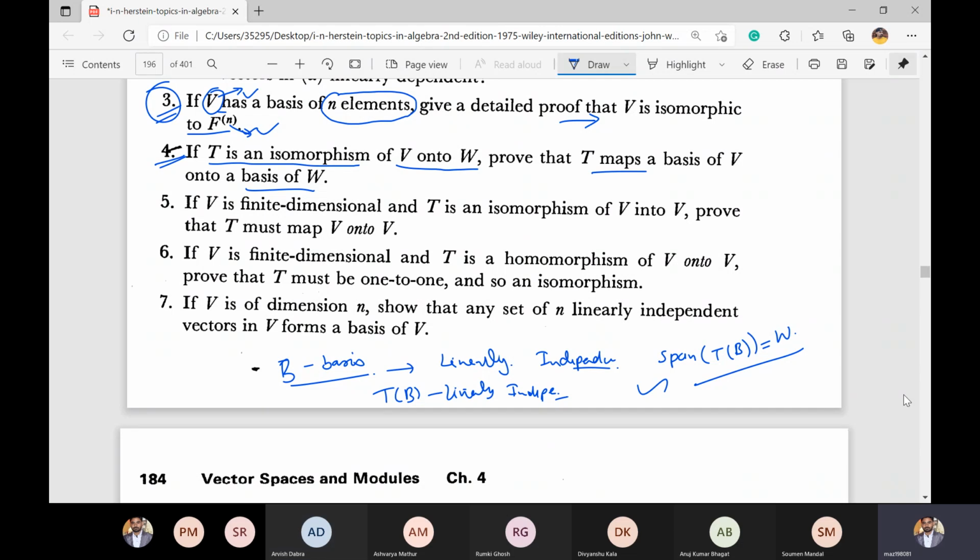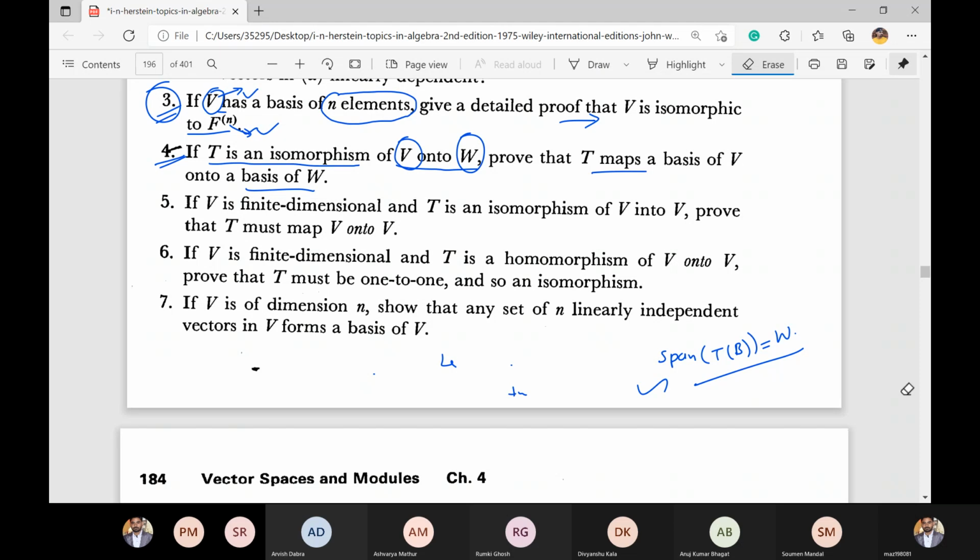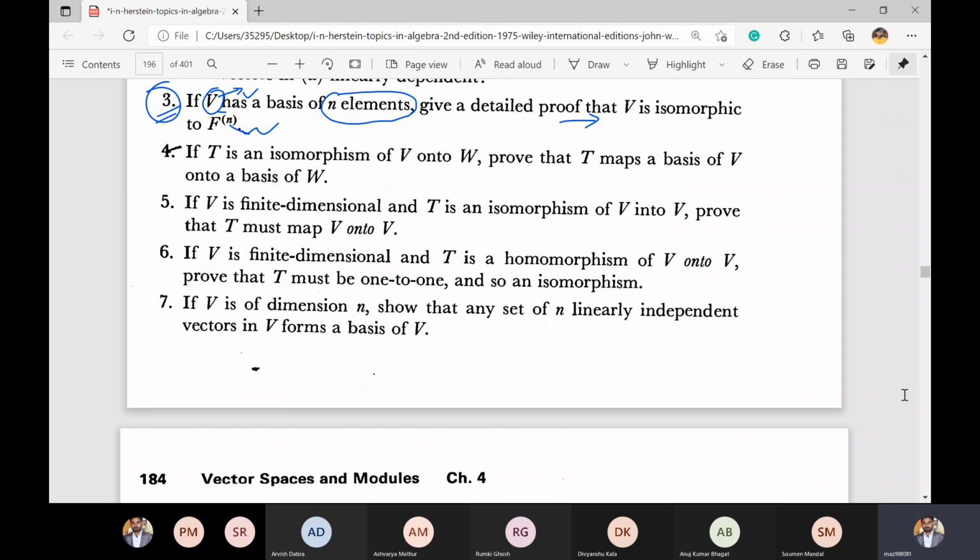Everyone understand this point: if you do it for finite only, it will not solve this whole question. You have to prove it for arbitrary vector spaces V and W, because it is not given whether it is finite or infinite dimension.